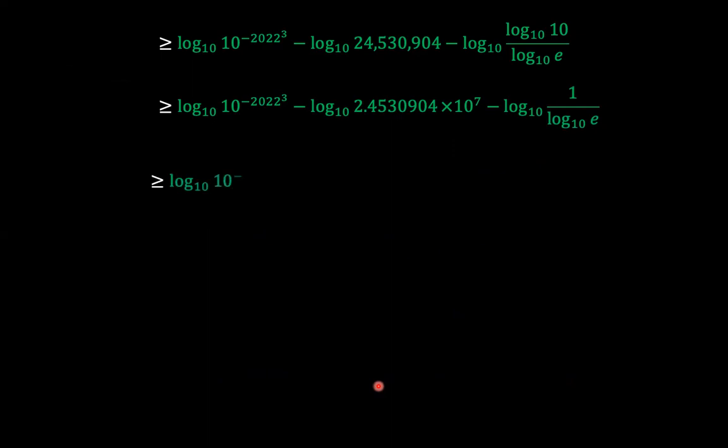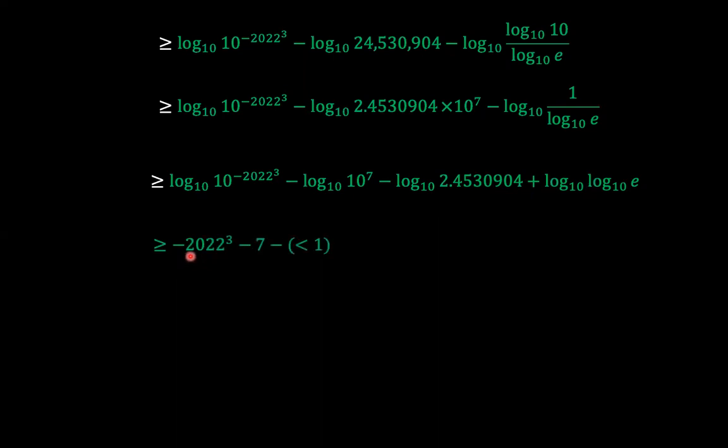And so that is log 10 of 10 to the power negative 2022 cubed minus log 10 of 10 to the power 7 minus log 10 of 2.4530904 plus, since this is now reciprocal here, log 10 of log 10 e. So as you can see, this is greater than negative 2022 cubed minus 7 minus log 10 of 2.4530904, which is a value less than 1, and this is also a much smaller, negative small value.